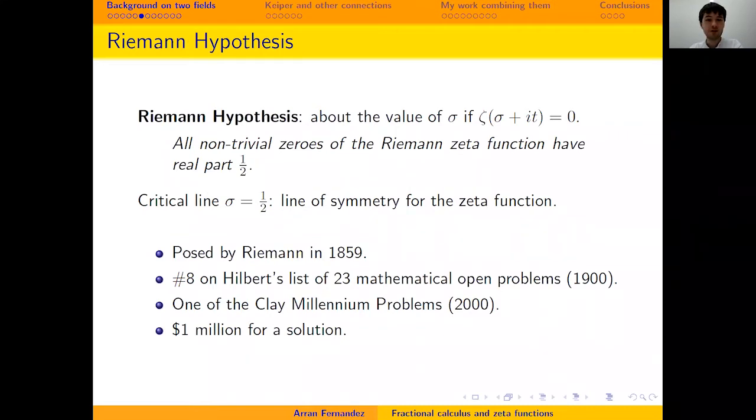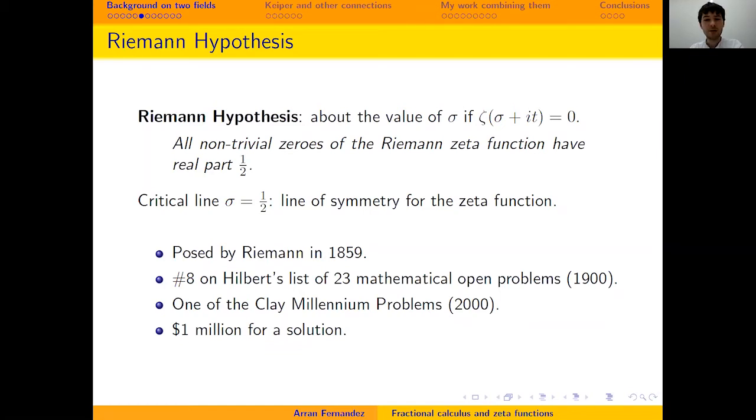This is one of the most famous open problems in mathematics, and this is about the value of sigma, real part of s, if the zeta function is 0. So in other words, we're looking for zeros of the Riemann zeta function.